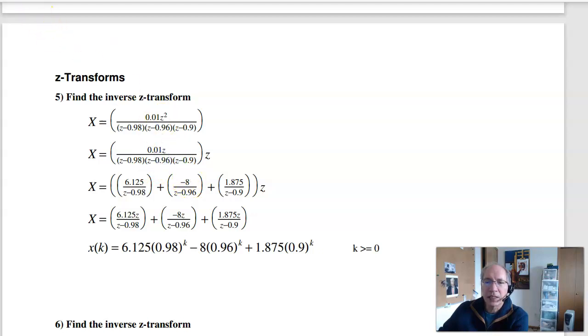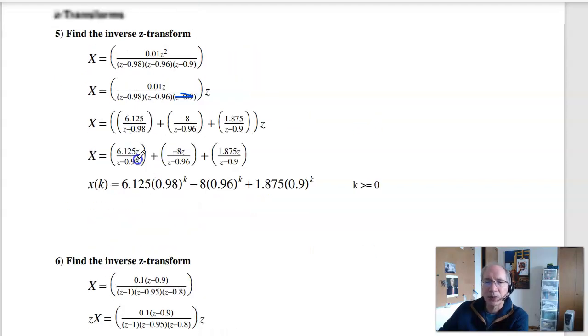Finally, to get the last term, I evaluate at z equals 0.9, cover up this term, evaluate the remainder, I get 1.875. So here's the partial fraction expansion. Multiply through by z, and now take the inverse z-transform. So this is 6.125 times 0.98 to the k, -8 times 0.96 to the k, plus 1.875 times 0.9 to the k, for k positive.